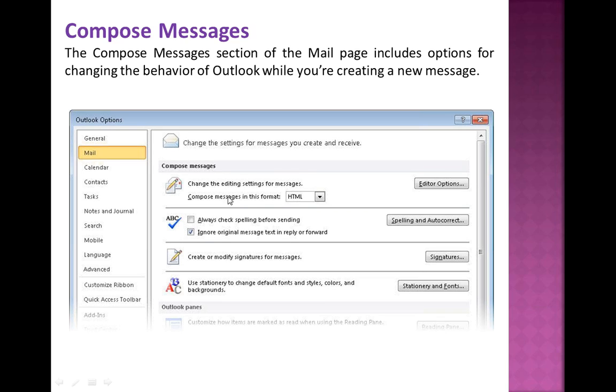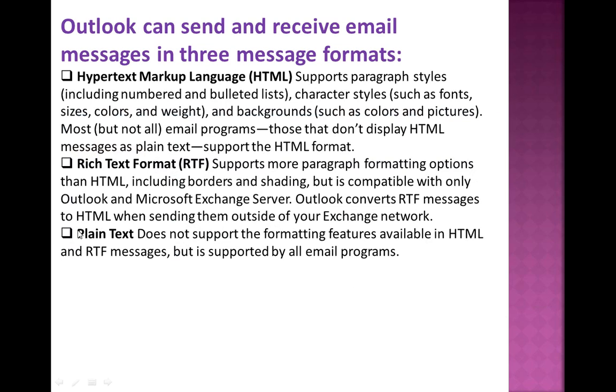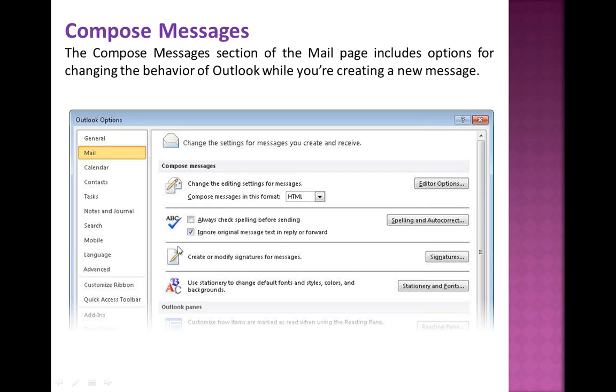Under Compose, you can use any format, either HTML, rich text, or plain text. You can also create or modify a signature and stationery. So this is how you can change the setting for the messages. So this is the main concern: how to change the inbox or outbox settings for the email in Outlook 2010.